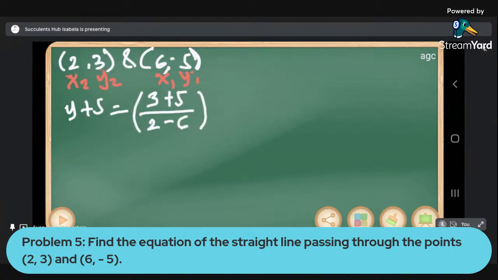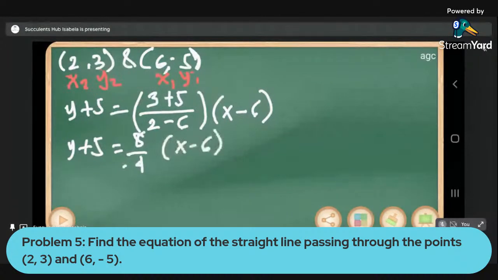Okay, put a parenthesis there, and then x minus x sub 1, which is 6. So simplifying this, you will have y plus 5 is equal to 8, 3 plus 5 is 8, over negative 4 times x minus 6.